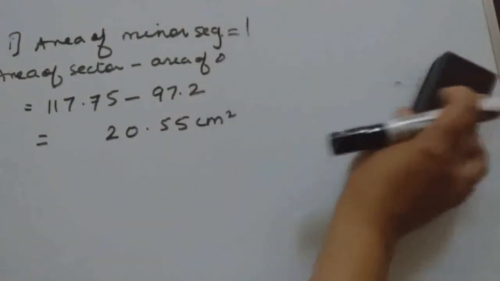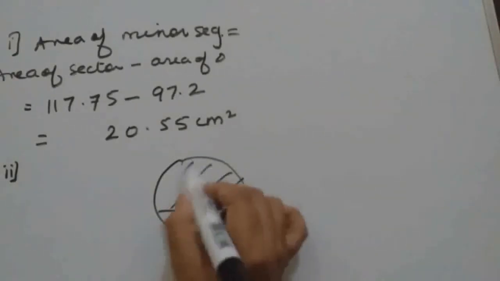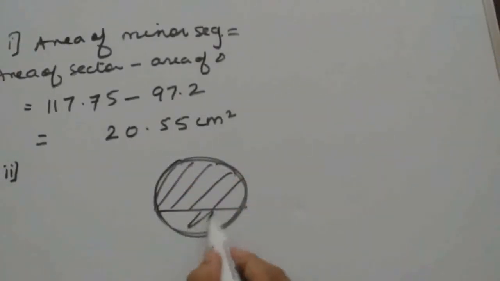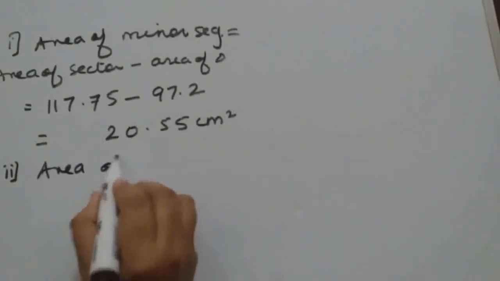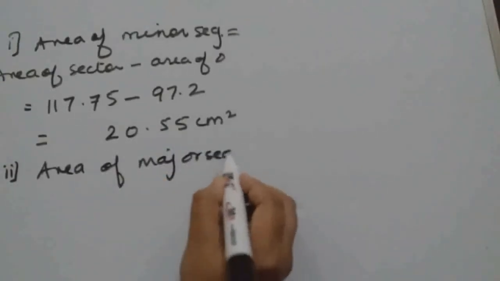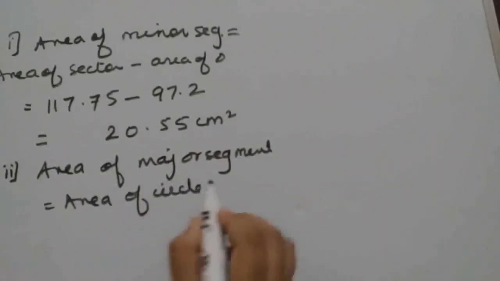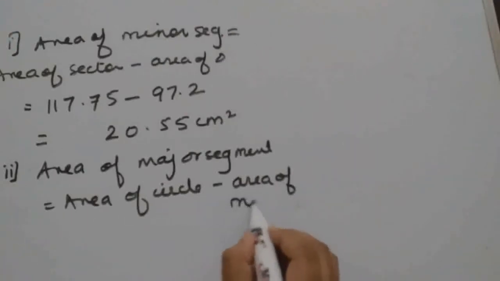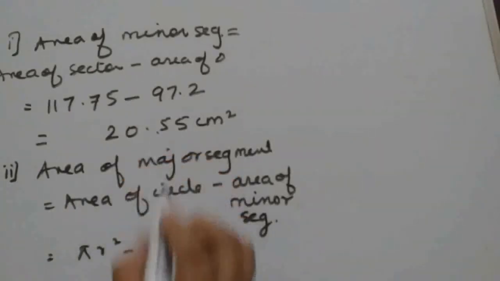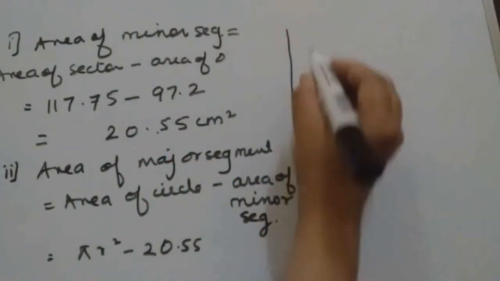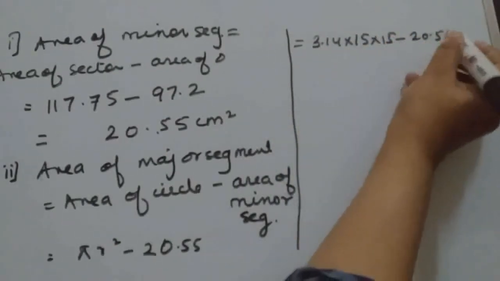Now to know the area of major segment, what we can do, since major segment is this part, so what we can do, area of circle minus this area we can find here. Okay, so area of major segment will be area of circle minus area of minor segment, that is pi r square minus this 20.55. So pi is 3.14, r is 15 into 15, minus 20.55.